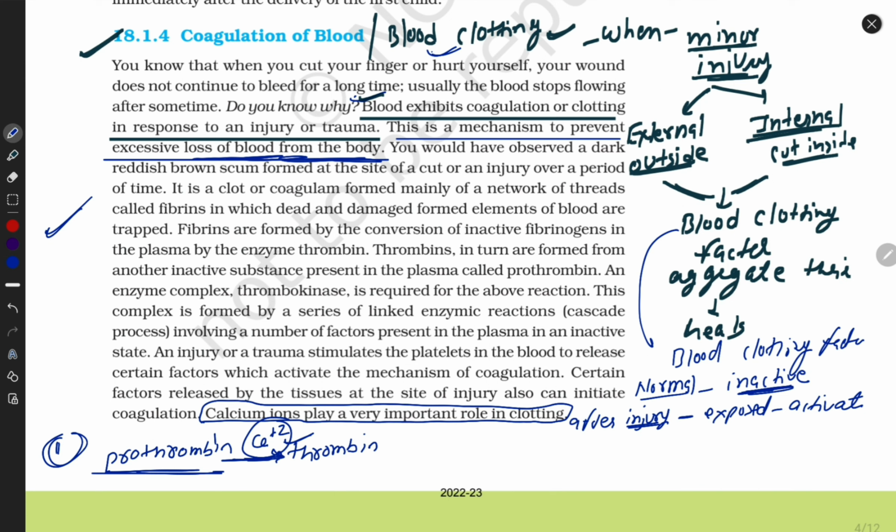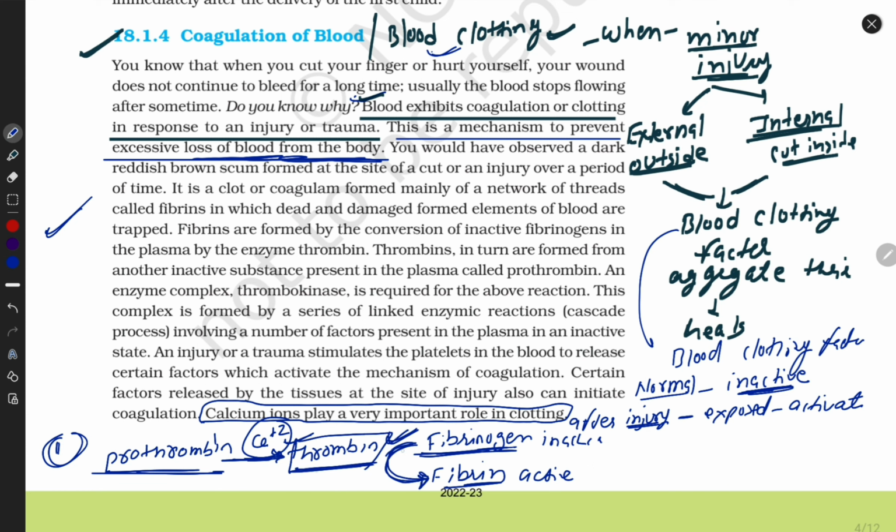Alright? And now thrombin converts what? Fibrinogen into its active form. It's fibrin. This is the active form and this is the inactive form. Fibrinogen is converted into fibrin with the help of thrombin.